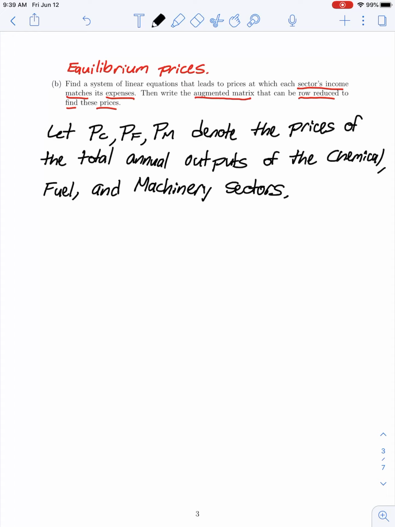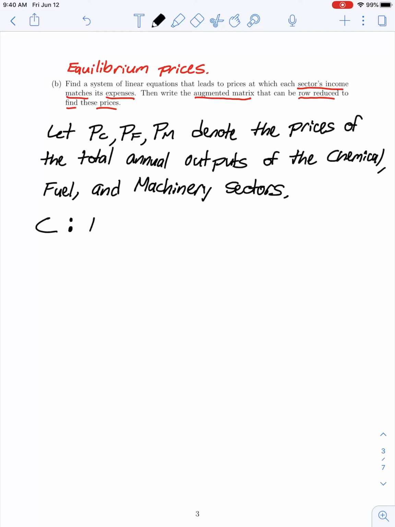So if we're interested in determining these equilibrium prices, well, we need to determine the price at which a given sector's income is equal to its expenses. So let's consider our first sector, C, which was chemicals and metals, I believe.